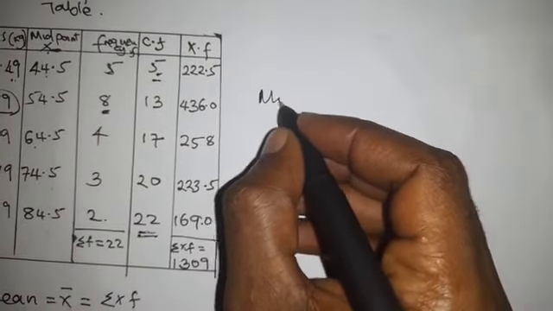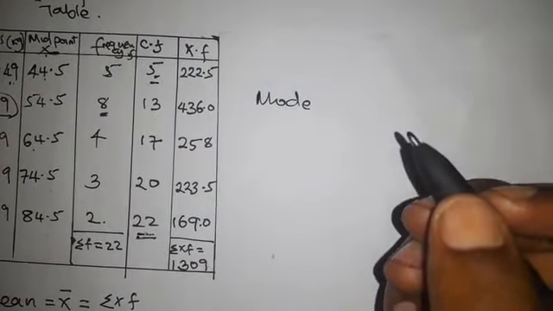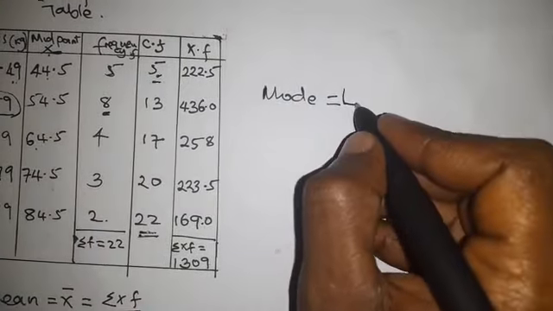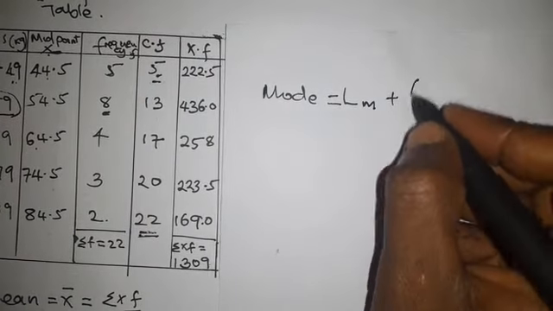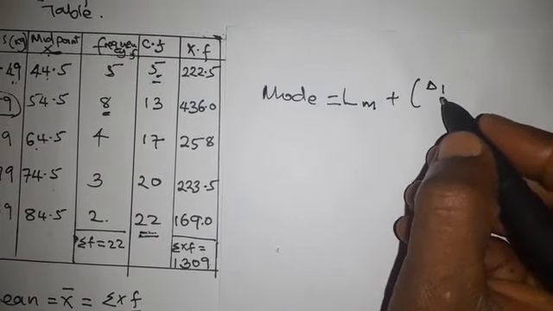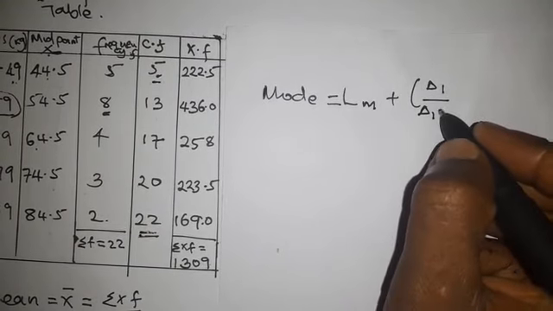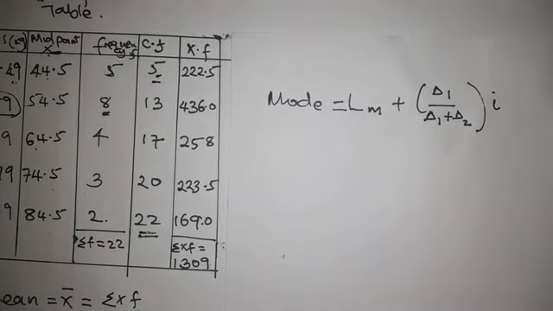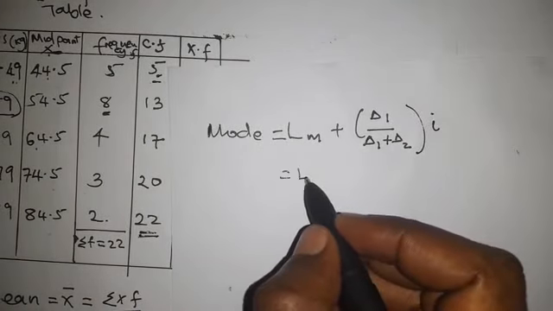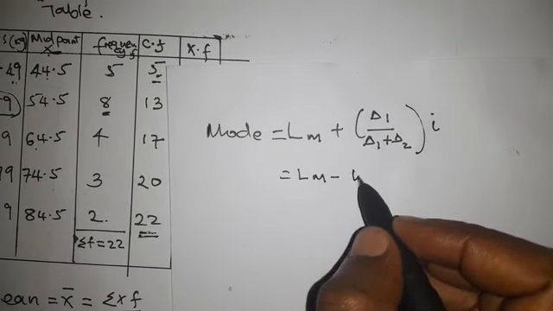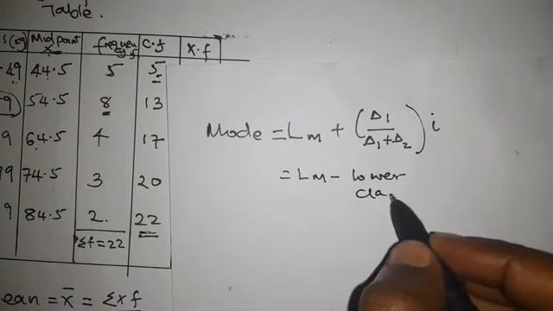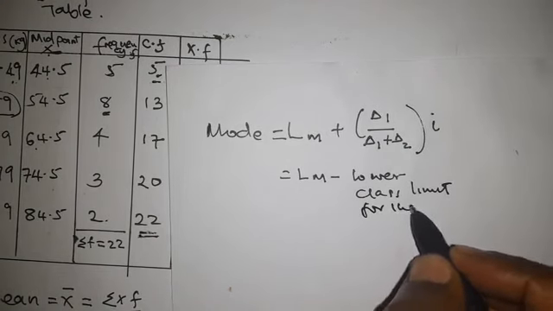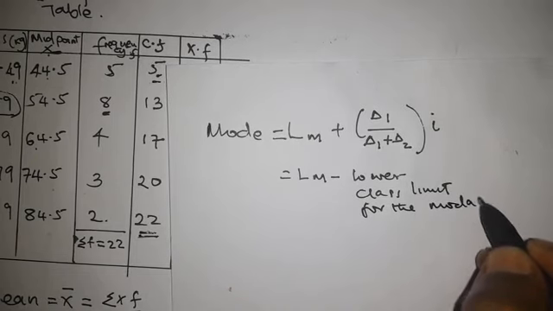Now to compute for the mode, we have a formula here we are going to use, and the formula is given by LM plus delta 1 all over delta 1 plus delta 2, brackets I. Now again, LM is the lower class limit for the modal class.